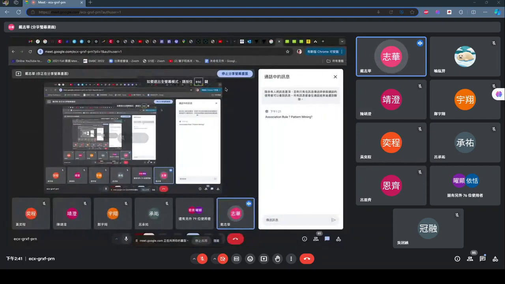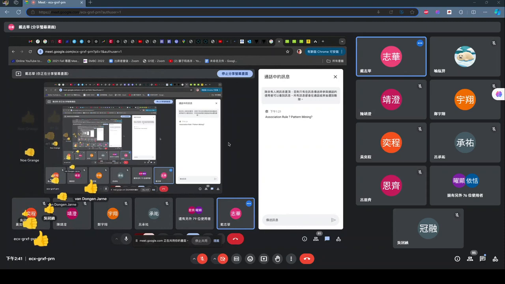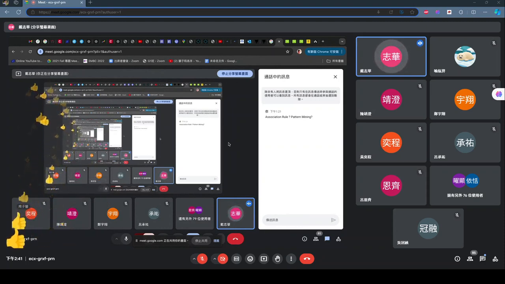And so far, is that okay? Do you guys know the difference among clustering, classification, and pattern mining? Okay, a brief explanation: to do classification, you must know the answer set.